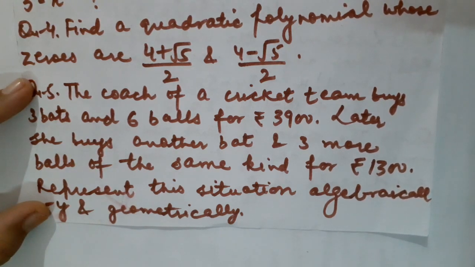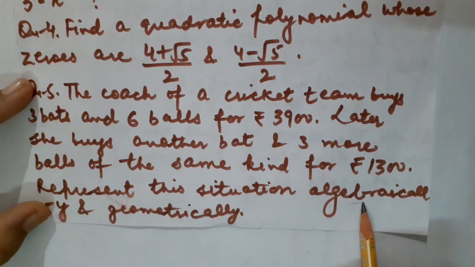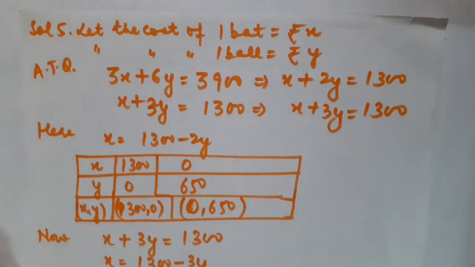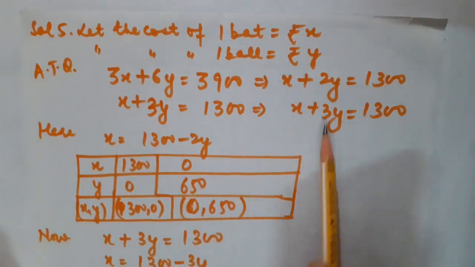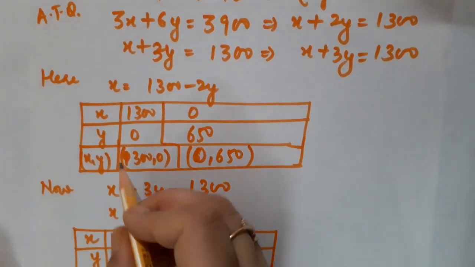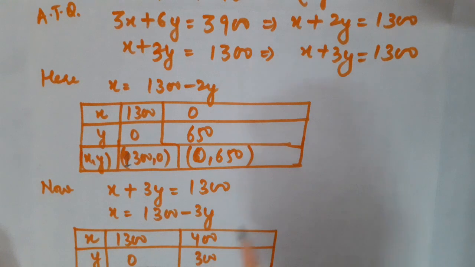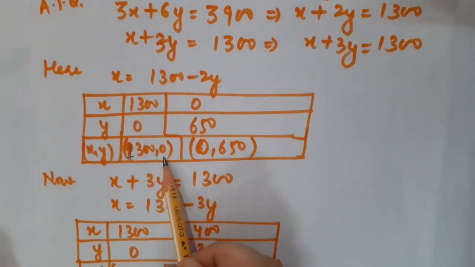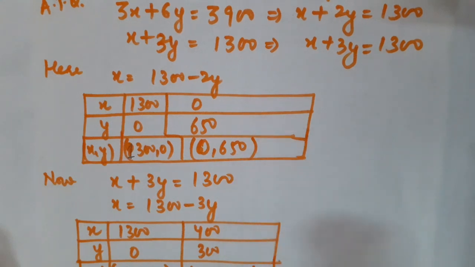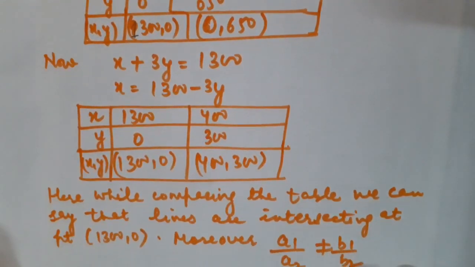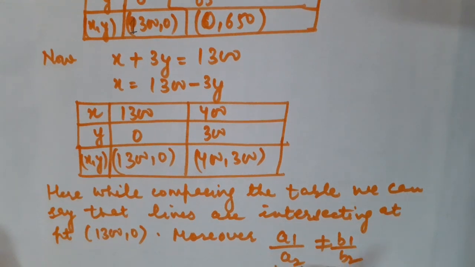That can be told either algebraically or by graphical representation. So children, here are these two equations given. Find the coordinates on the basis of the first equation, that is 1300, 0 and 0, 650. In the same manner, coordinates are there on the basis of the second equation as well.